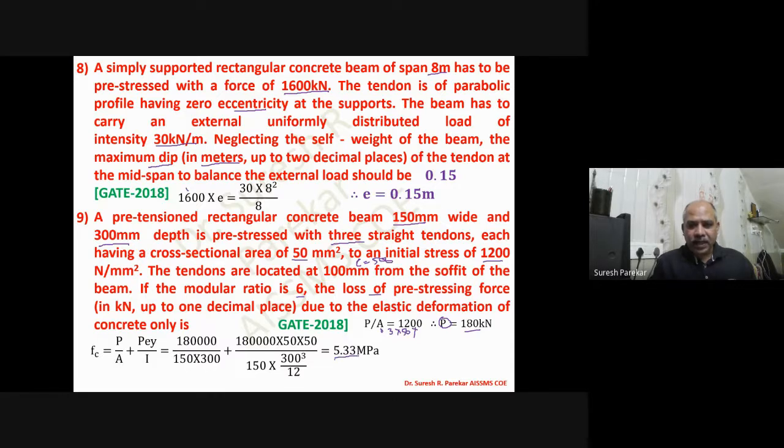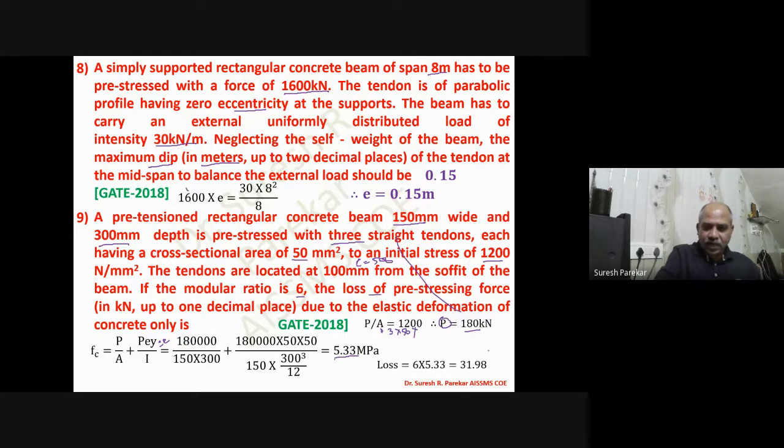We are interested in loss in steel, and therefore in our formula, Y is equal to E, we are going to find out at the level of steel. Once we know the value of FC, that is 5.33, we are going to get the loss, which is modular ratio into FC. The modular ratio is given, that is 6.